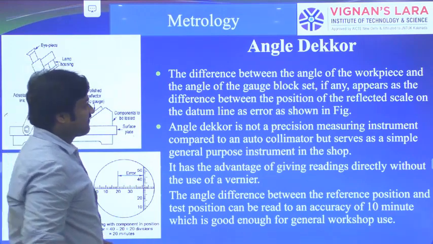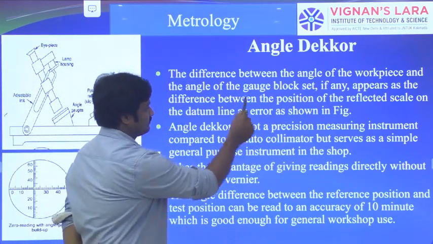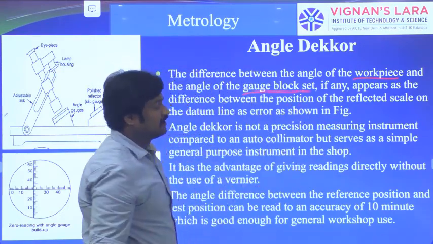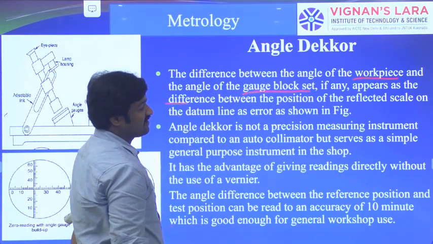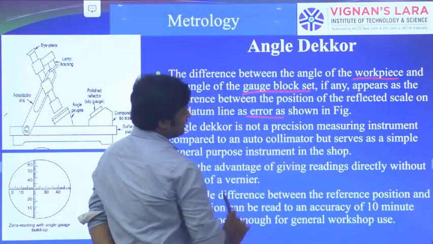So the difference between the angle of the workpiece and the angle of the gauge block set, if any, appears as the difference between the position of the reflected scale on the datum scale, as indicated as error.